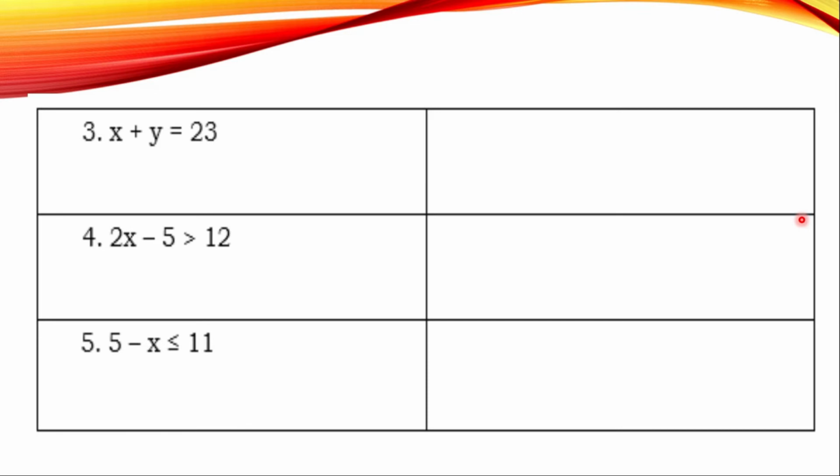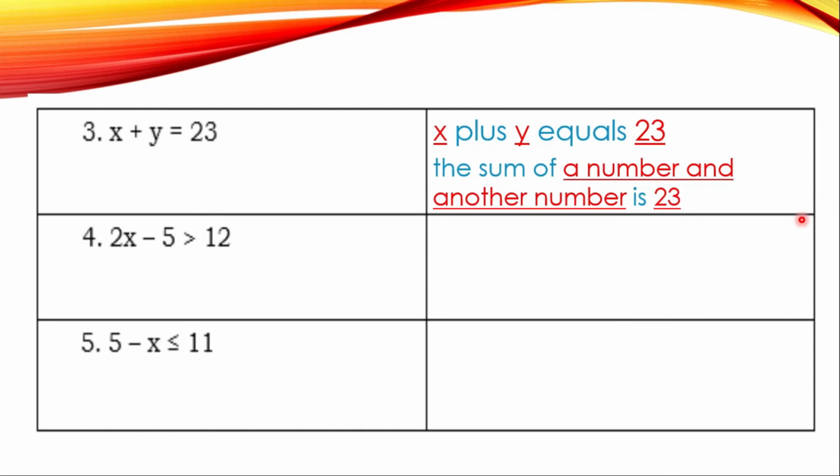Another example is number 3. As you can see in that part, x plus y equals 23. But in algebraic expressions, we can say it as the sum of a number and another number is 23. Because a number is represented by x, which is the unknown, and another number which is again unknown, we don't know the value, so it is represented by y.